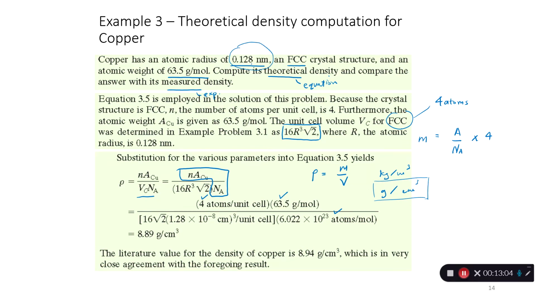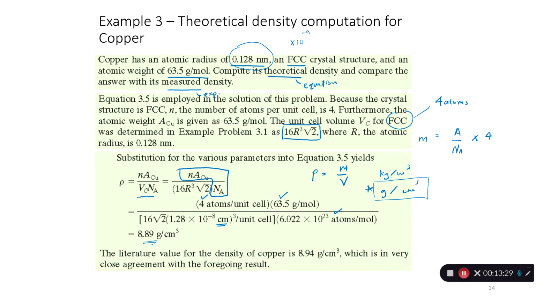This is where you need to be careful. Nano is times 10 to the power of minus 9. So if you want it in cm, you have to convert. It's better to have it in cm so that we end up with this unit. You can pause and write this down if you want, and then eventually you'll get this answer.